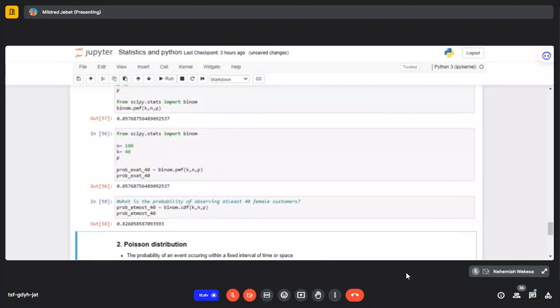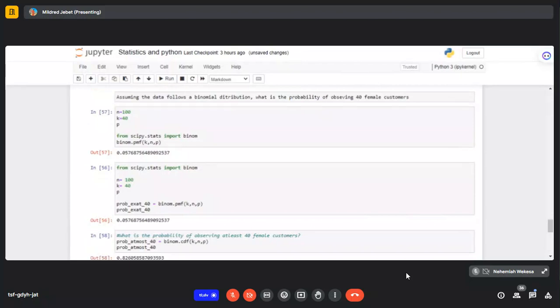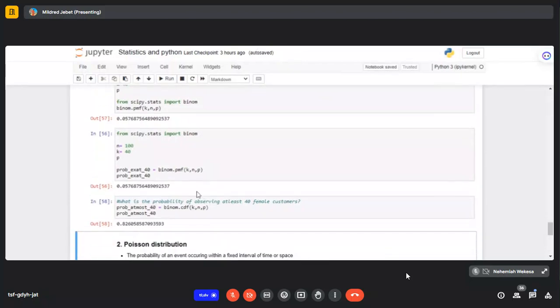I wanted to ask also, just to understand this formula, BINOM stands for binomial. Now the CDF looks like it's the distribution function, but this PMF, I don't understand it, please. PMF is probability mass function.